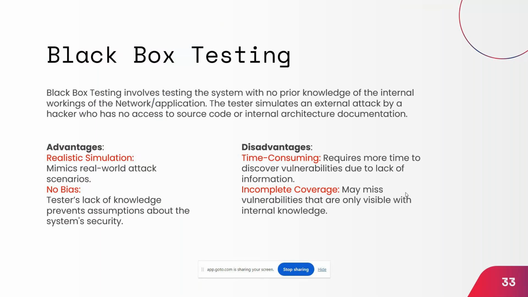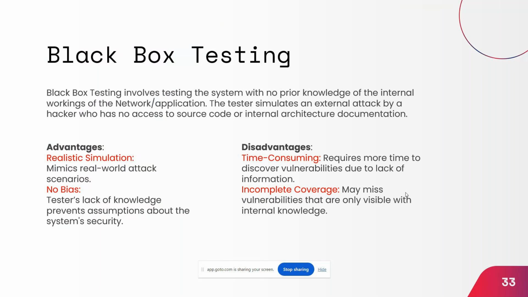It's like a real attacker sitting outside performing an attack, just to see the security posture of a network, system or application from an outsider's point of view, like an attacker's point of view.